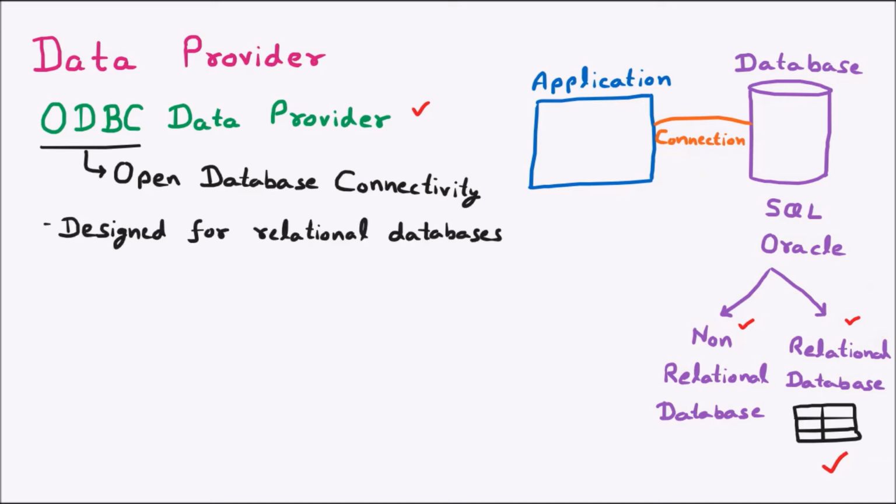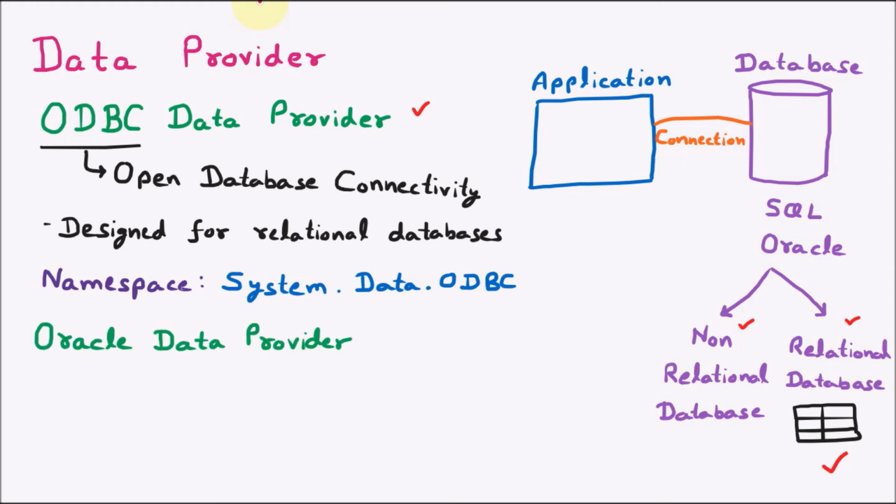If we want the ODBC data provider to be used inside our program, then we have to include the namespace System.Data.Odbc. The next type of data provider is the Oracle data provider.